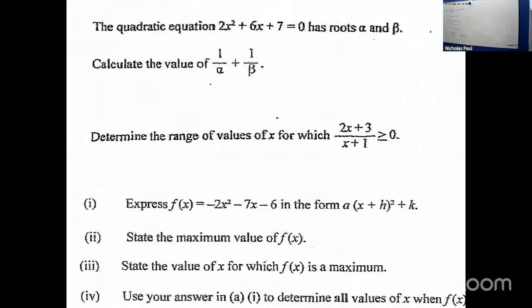Oh yeah, find the LCM. Right, take your time, part one and find the LCM, right?